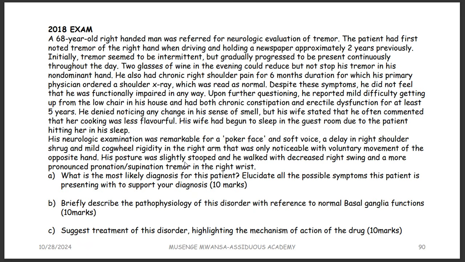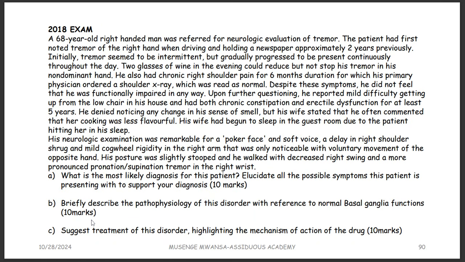Yes, his posture was slightly stooped and he walked with a decreased right swing and a more pronounced pronation. So the stooped posture, yes. Anything else? Difficulty getting up from the low chair. No, just as many things as you can see, just mention them.